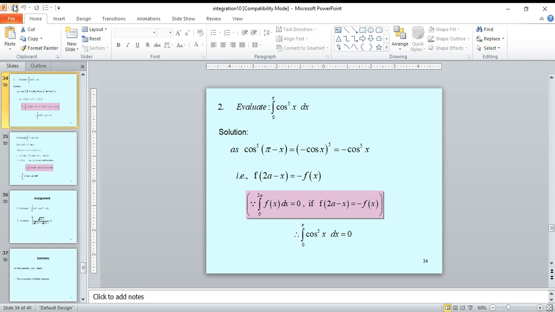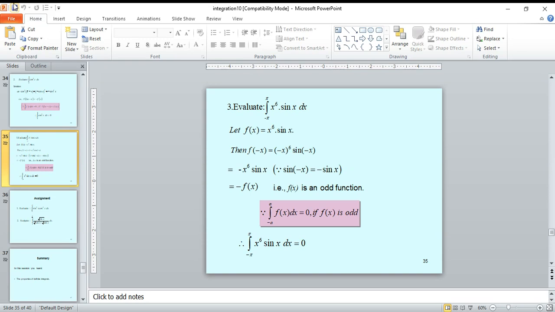Therefore, integration 0 to 2a f of x dx equals 0 if f of 2a minus x equals minus f of x. Therefore, integration 0 to pi cos power pi x dx equals 0.